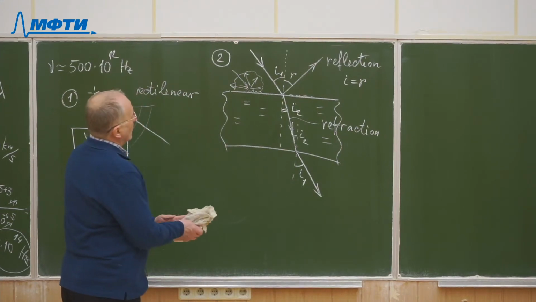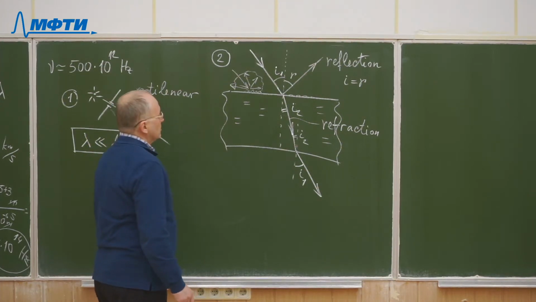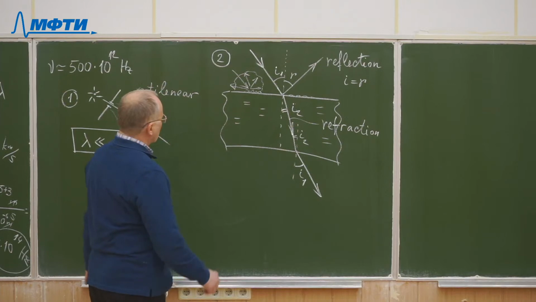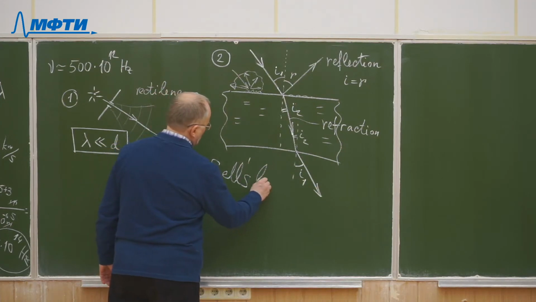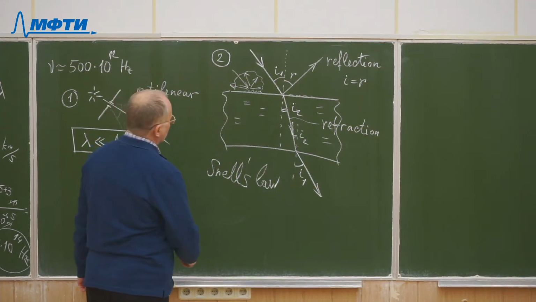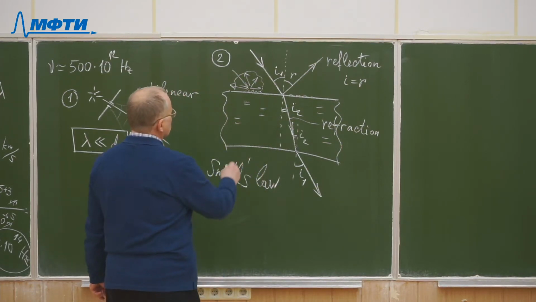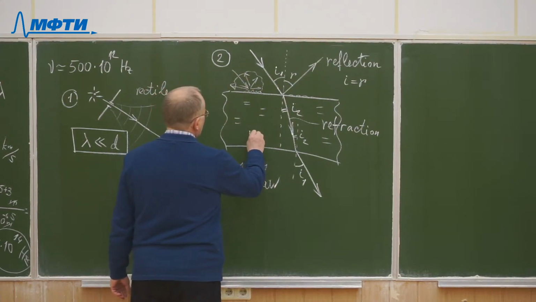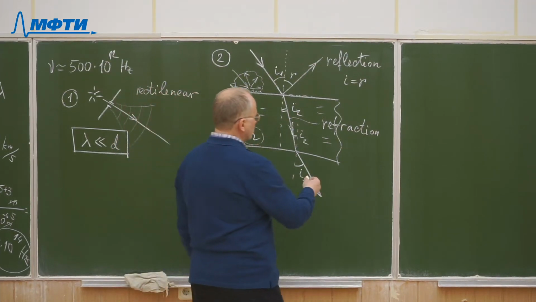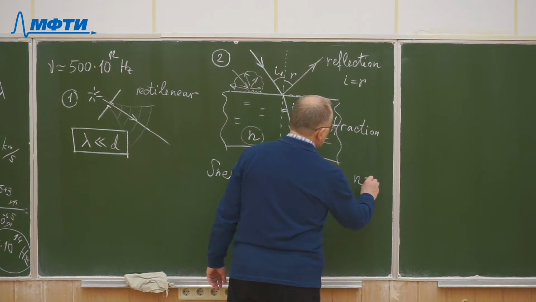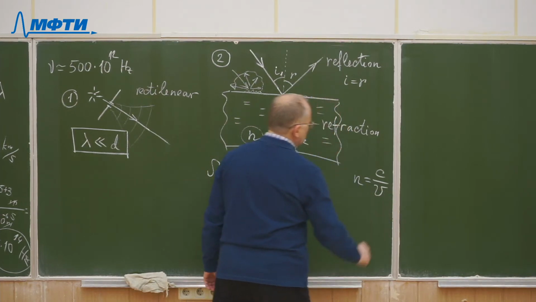And there is a simple law which describes this phenomenon, called Snell's law. Snell's law uses the refraction index n. Any transparent medium has its own refraction index, which is defined as the speed of light in vacuum divided by the speed of light in the medium.